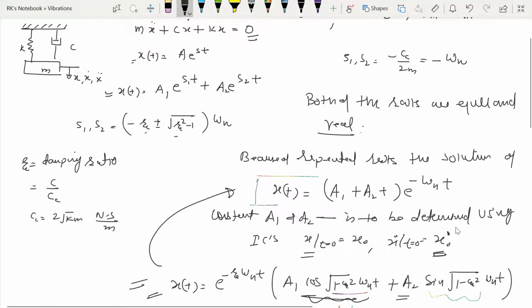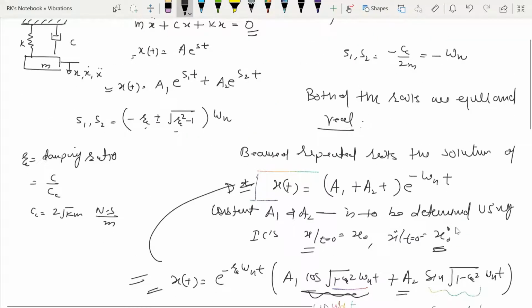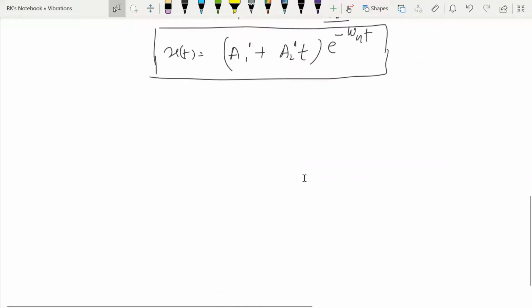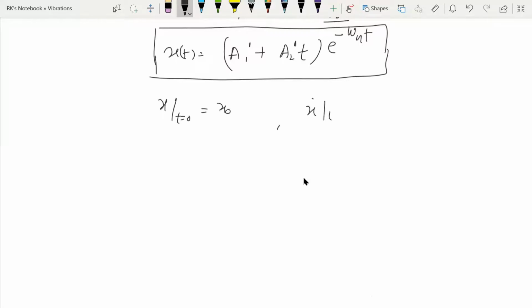This is the solution. Now here we'll find out a1 and a2 using the initial conditions. So for that, this is our solution, and the initial conditions are x at t equal to 0 is x naught, and x dot at t equal to 0 is x naught dot. So we are putting the displacement condition in this.